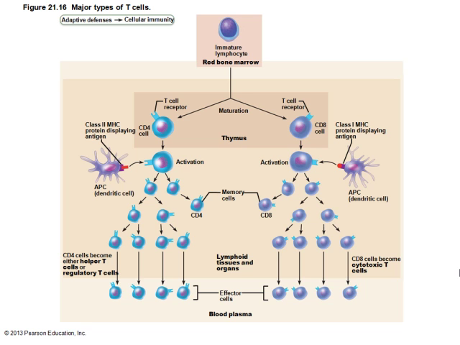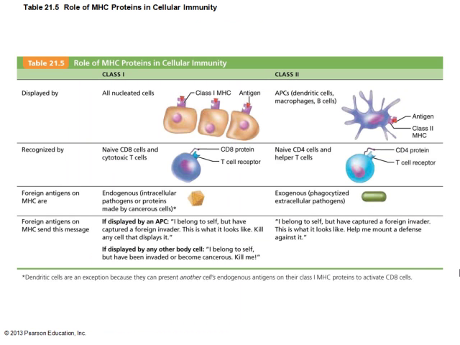So MHC proteins and antigen presenting are very specific. We see different types of antigens and MHC proteins on different types of cells. Table 21.5 shows us some of the different types of MHC, class 1 and class 2, where I find them, and what their job is.